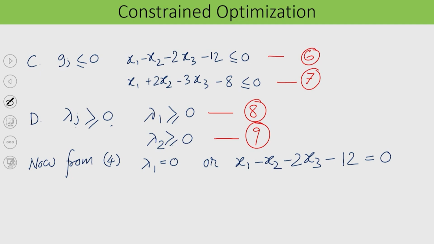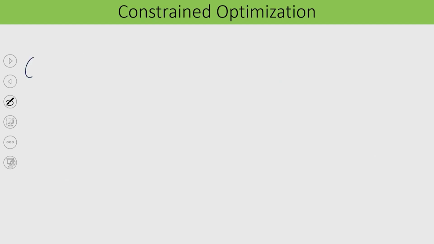Okay. So, from equation 4, we are getting two conditions, either lambda 1 is 0 or x 1 minus x 2 minus twice x 3 minus 12 is 0. So, let us take a condition that lambda 1 equal to 0. So, I am taking case 1, that lambda 1 equal to 0.